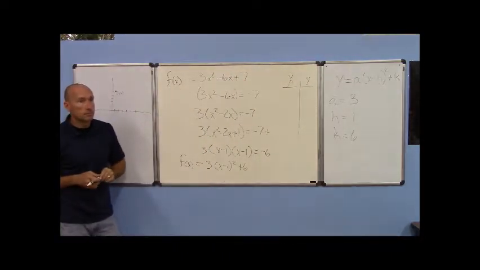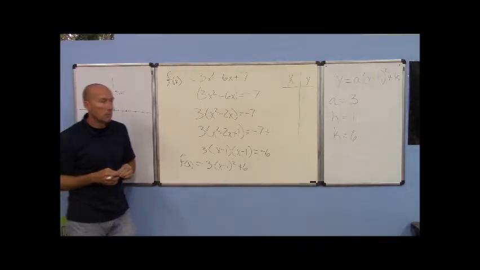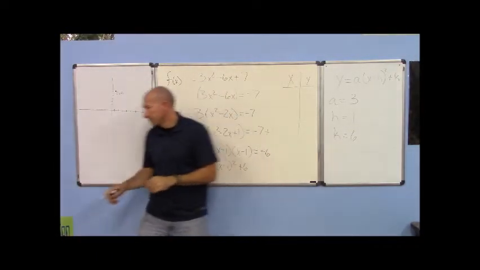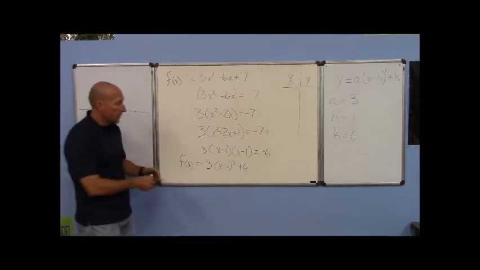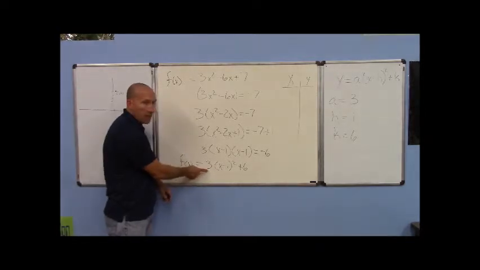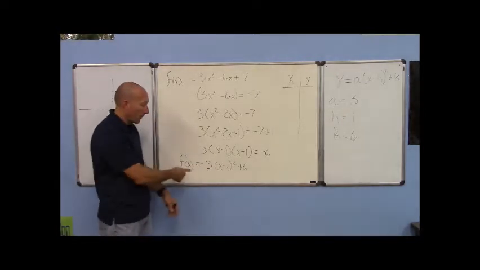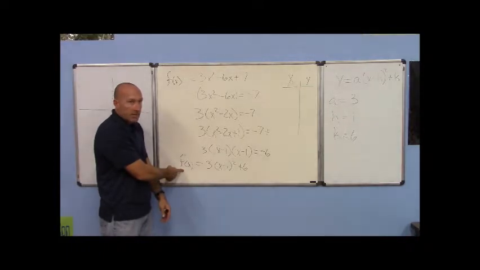Now, does it work the same way in 5.3? What do you mean? Because in 5.3, I used the number on the beginning to help graph. Now, it will help you graph. What's going to happen is whenever you plug in your value for x, you have to use that 3 to help solve for y. Does that make sense? Mhm.